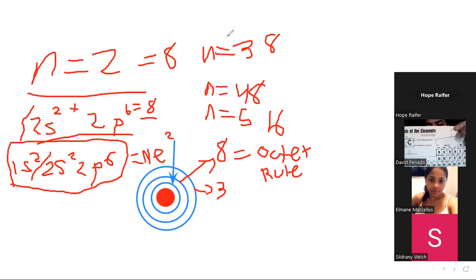Okay, so 5, 6, 7. I have a different periodic table because I couldn't find mine. The number on the top, like lithium says 3, beryllium says 4, boron says 5, carbon says 6. So is that the number of electrons in the outer shell, or altogether?